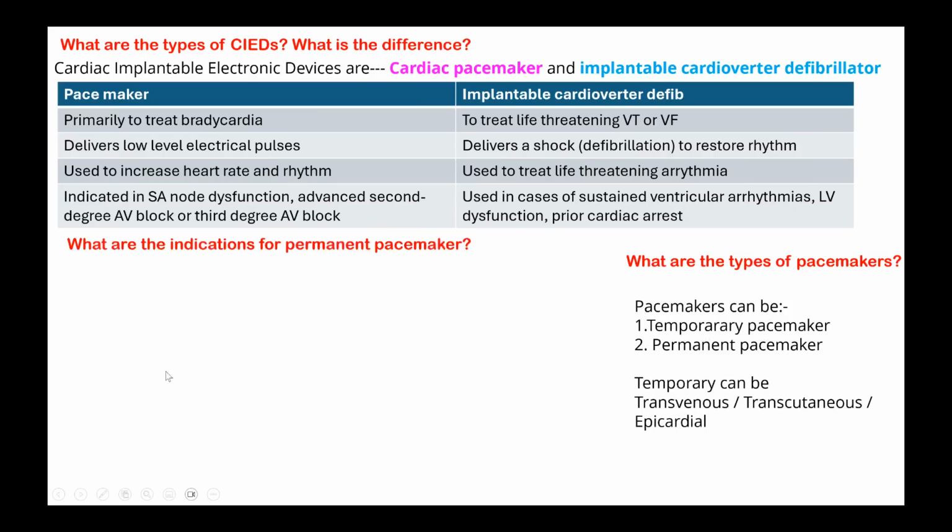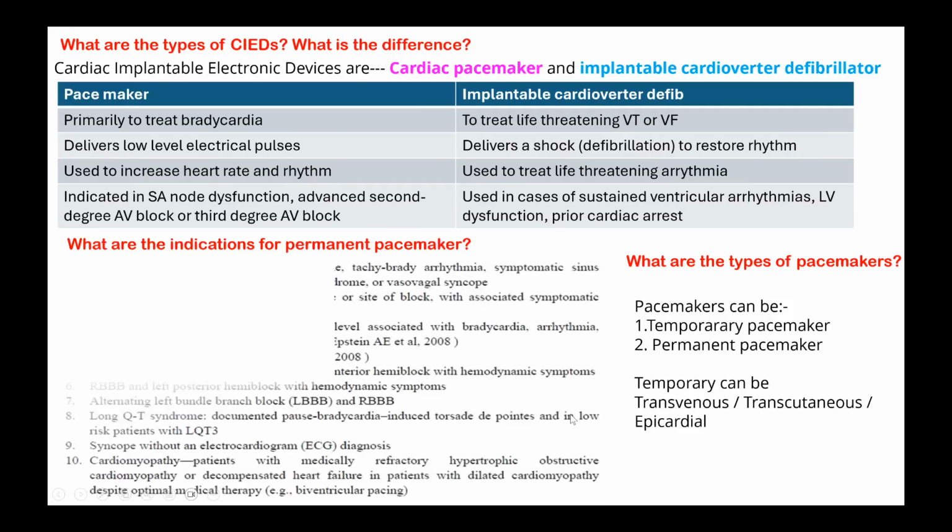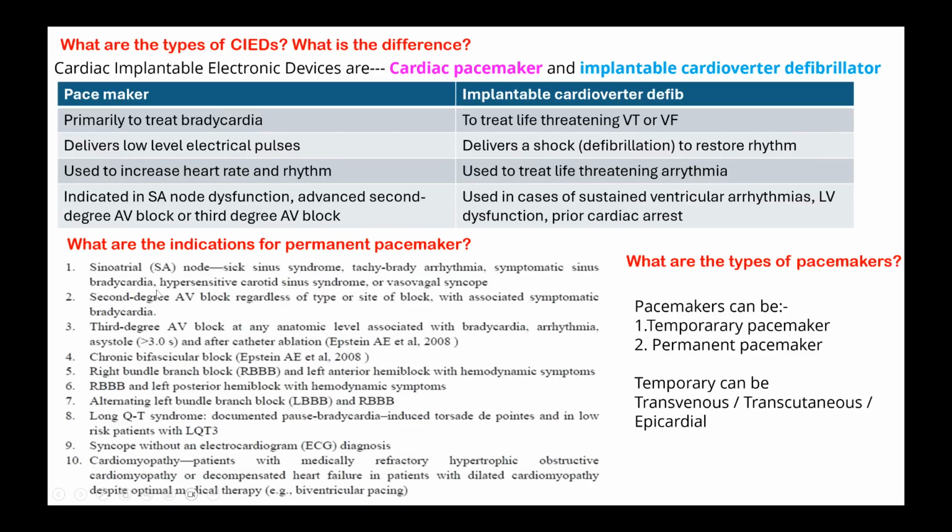Okay? So, what are the indications for permanent pacemaker? Already we have given some here, but some more detailed indications are SA node dysfunction or what is called sick sinus syndrome, tachybradyarrhythmias, AV block, third degree block, chronic bifascicular block, etc. All this has been given here in a very simple form.